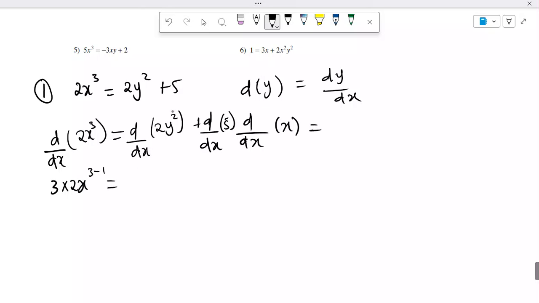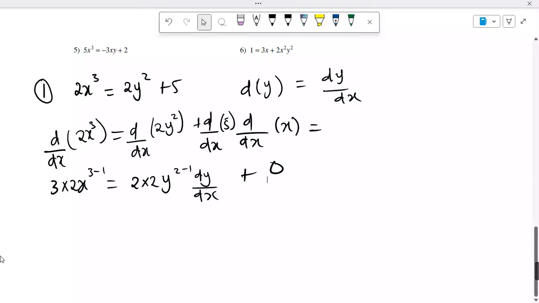Here we treat this as x, so we drop down the 2, so we say 2 multiplied by 2y to the power 2 minus 1, so this is dy dx. Okay, plus this is a constant. Differentiating any constant is 0.